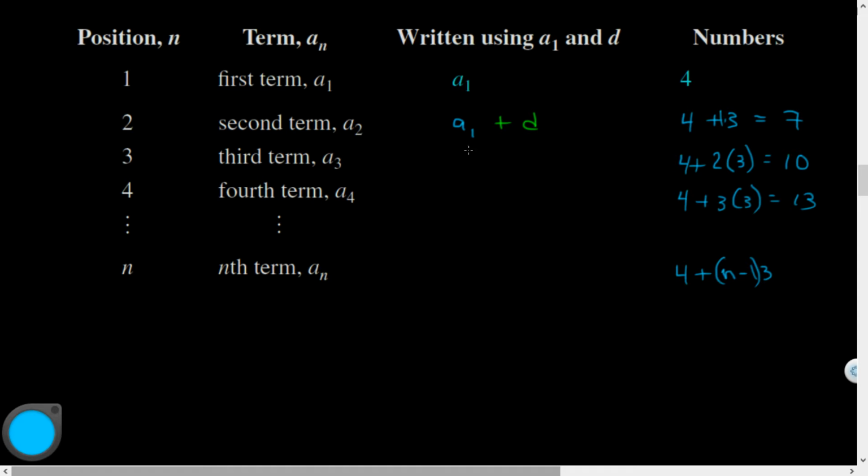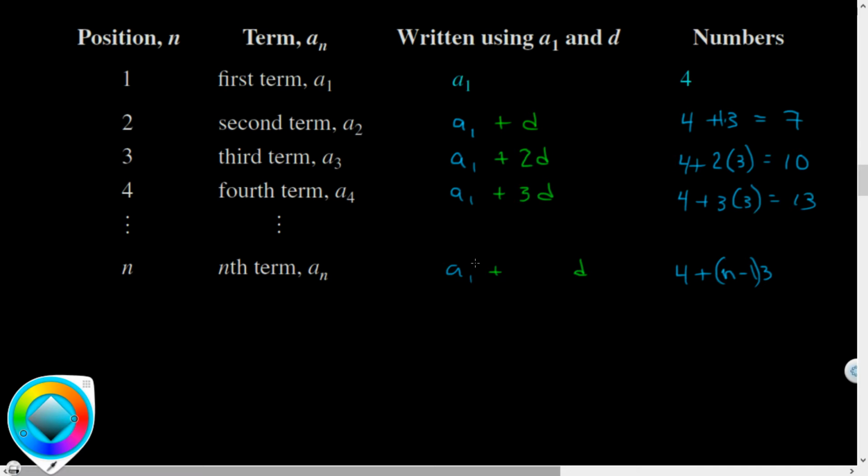Let's write this in terms of a sub 1 and d. So this one's always going to be a sub 1, and I'm adding some number of d's. So for the third term, I would have added 2 d's, 2 times the common difference. For the fourth term, I would have added 3 times the common difference. And for the nth term, I would have added n minus 1 times d.